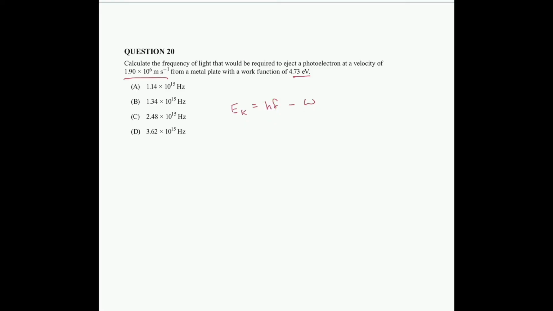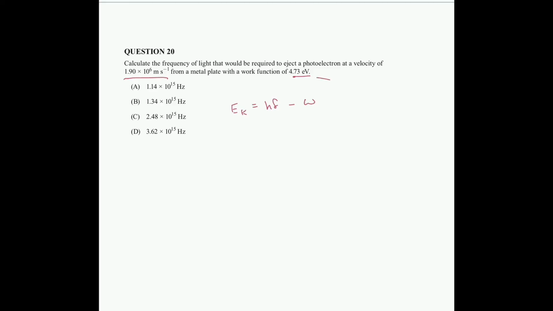So what I will first do is convert my 4.73 electron volts to joules. There's a conversion in your table, so it tells you that one electron volt is equal to 1.6 times 10 to the negative 19 joules.